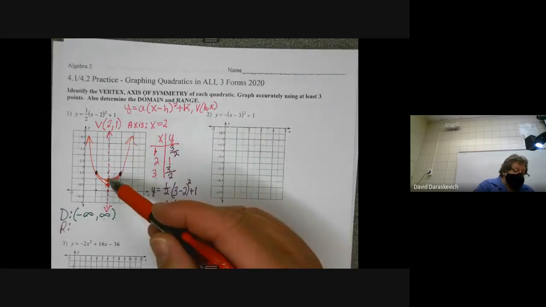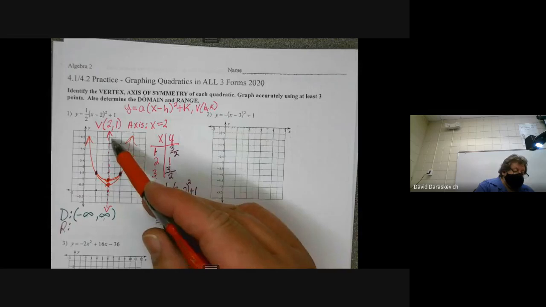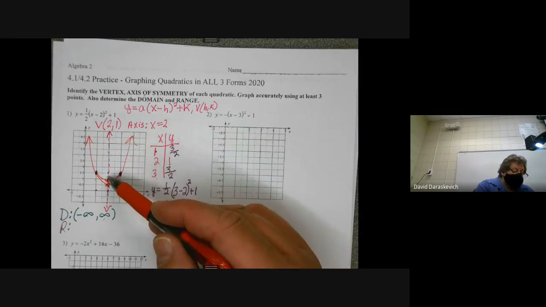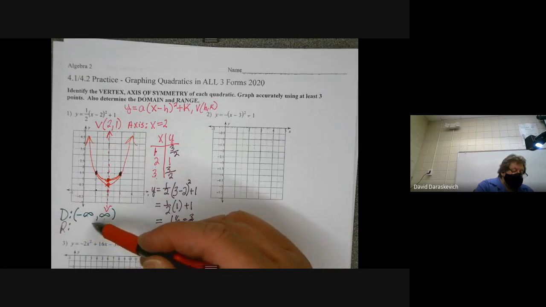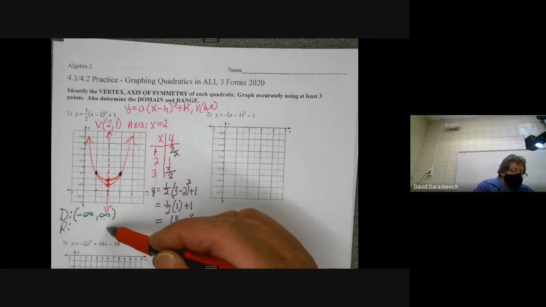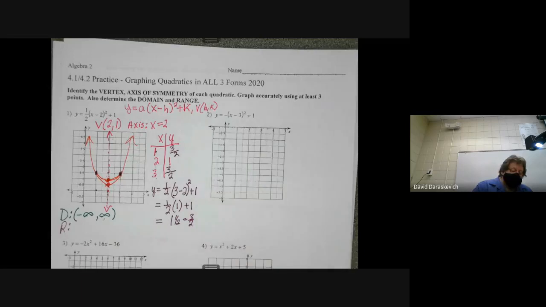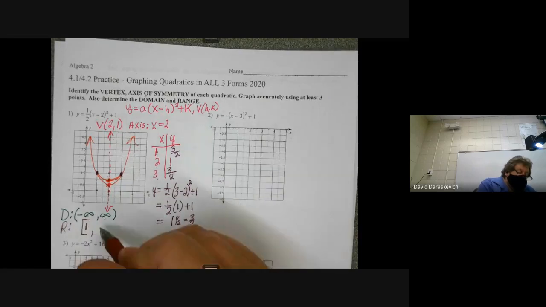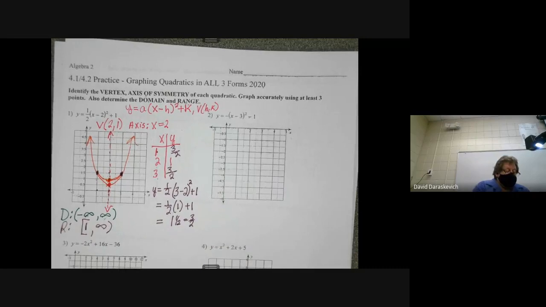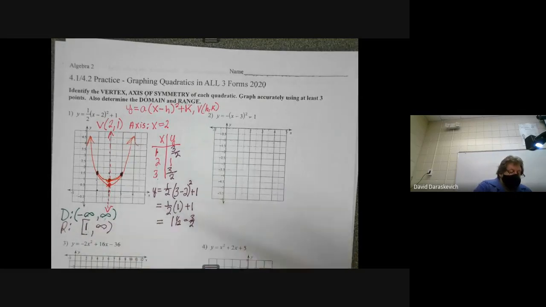And since this is going up, it's going to be positive infinity. If it was reflected or flipped, it would be negative infinity, and I would have to put that first, and then the 1 here. But since our 1 is the lowest number, I have to put that first because it's the least, and it includes 1, and it's going out to positive infinity. So again, our range is going to be k.